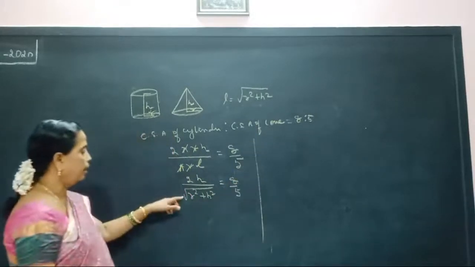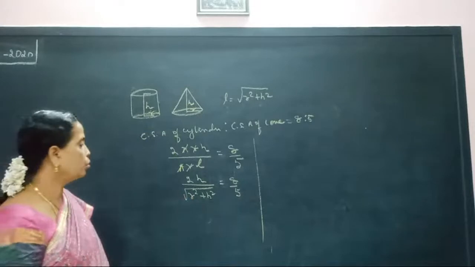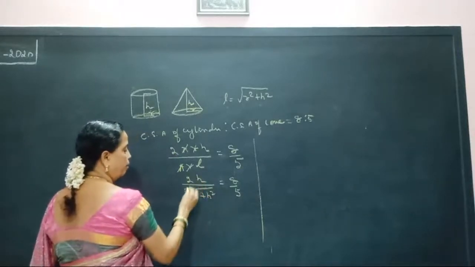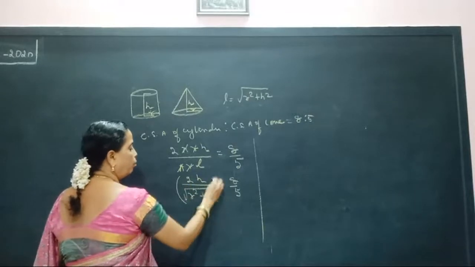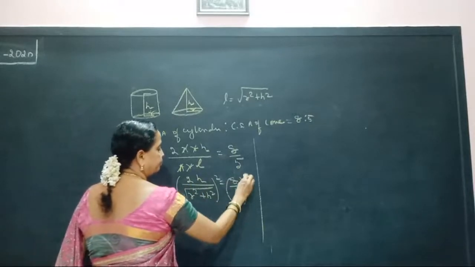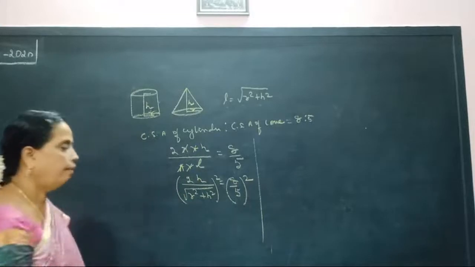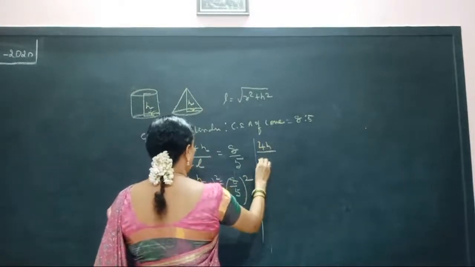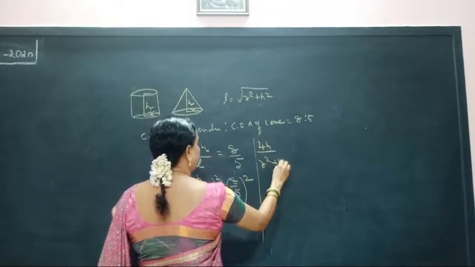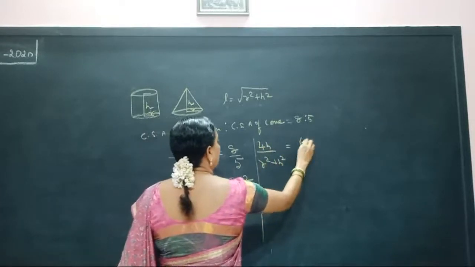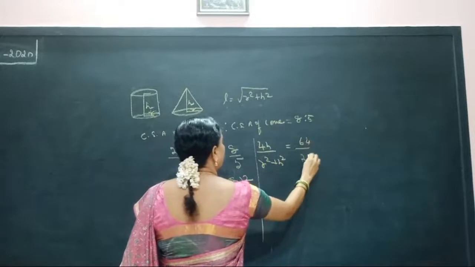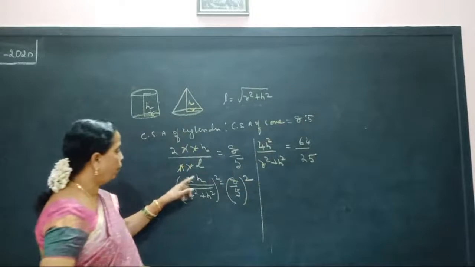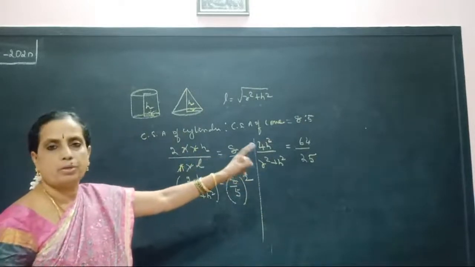But in the denominator we have the root. To simplify, we square on both sides. We get 4H square by R square plus H square equals 64/25.